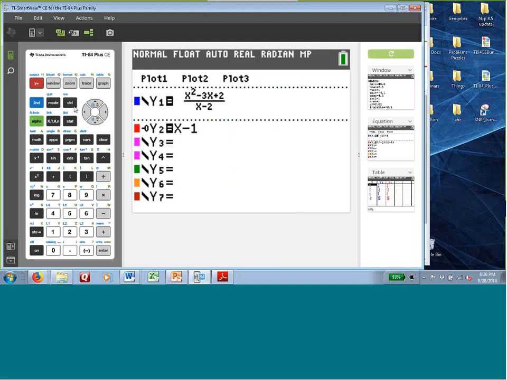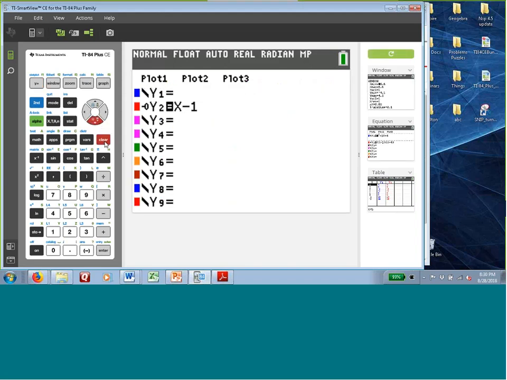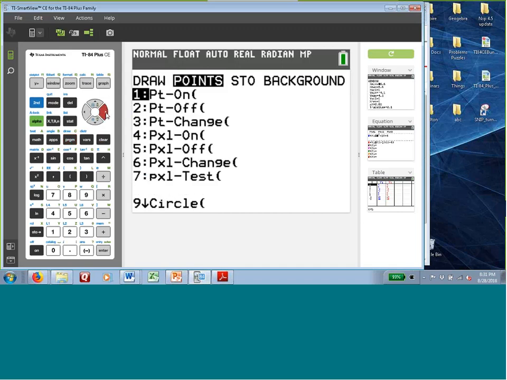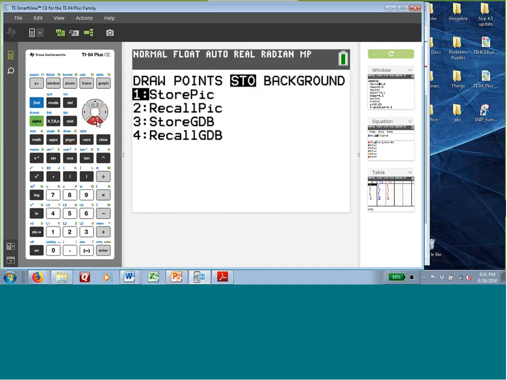The last thing I want to show you with rational functions, besides just simplifying them and viewing holes and asymptotes, is that there's a lot of power that you can do by separating the parts of the rational function. What I'm going to do, I stored some things earlier. It's called a graph database.